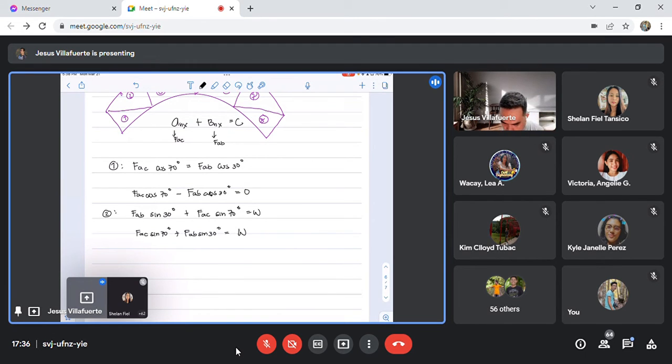My coefficient is sine 70 for A and positive sine 30 for B, and then 1 for C.